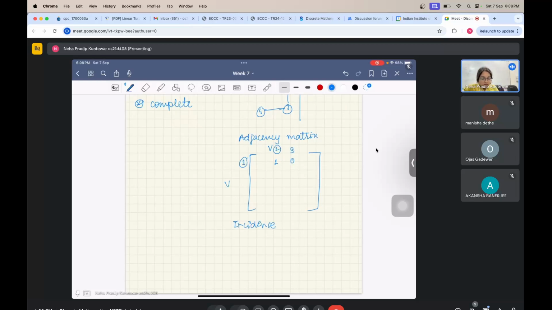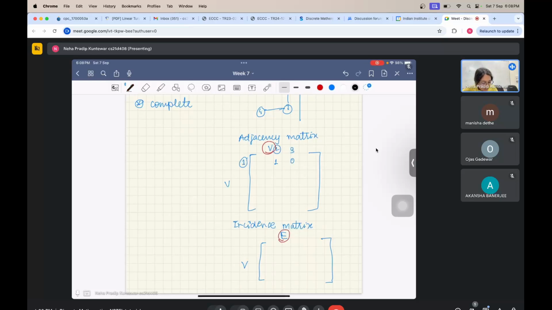So in an incidence matrix you have the set of vertices on this side, and you have edges on this side. The only difference is, instead of vertices here, you have edges here.